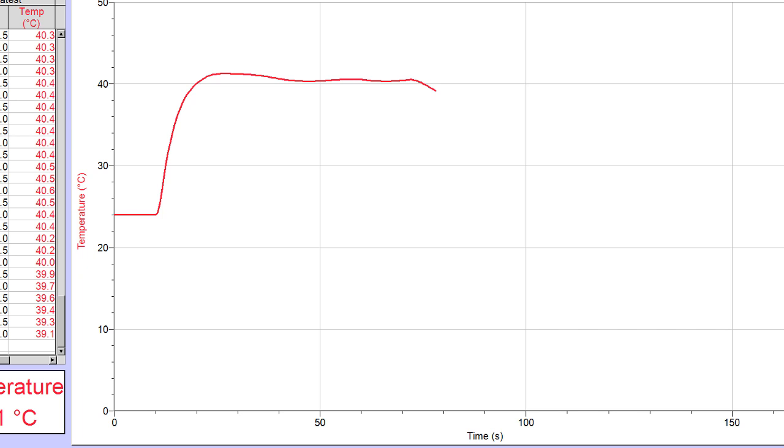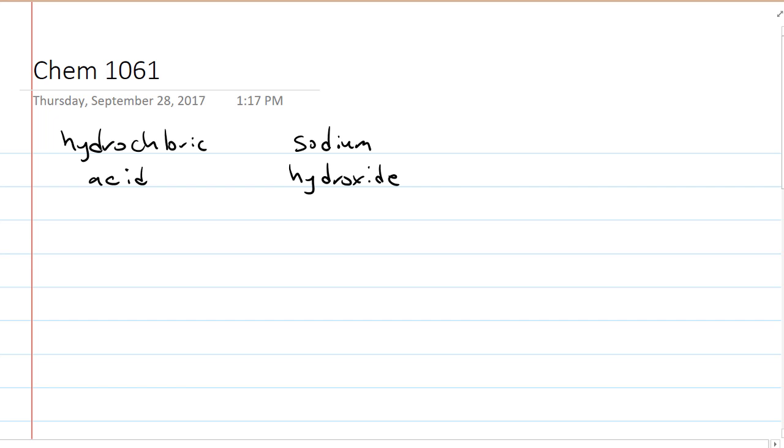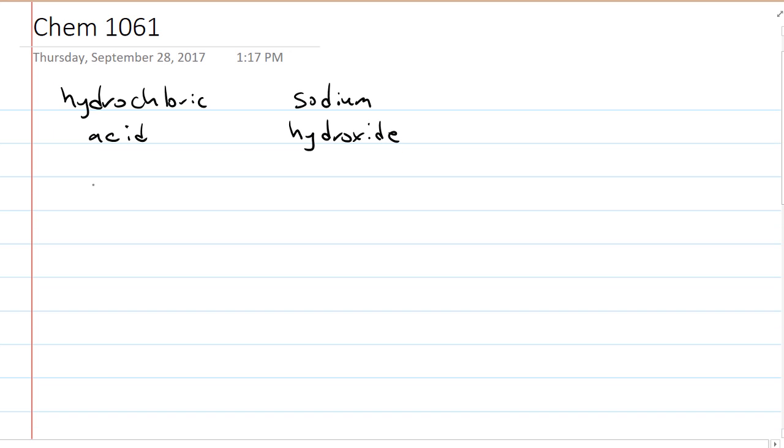So if a reaction has occurred, then we should be able to write out a chemical equation for this reaction. So let's go ahead and do that. Now hydrochloric acid is going to have a formula of HCl.